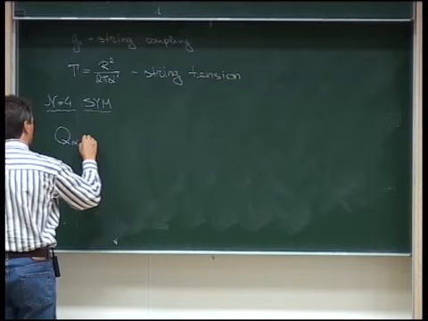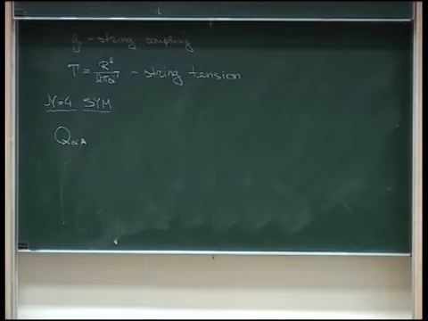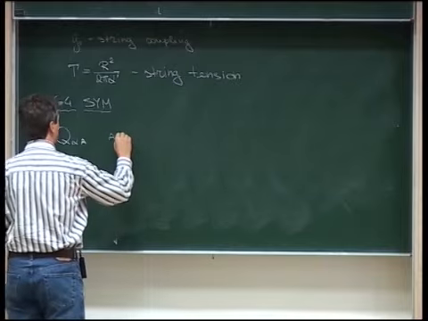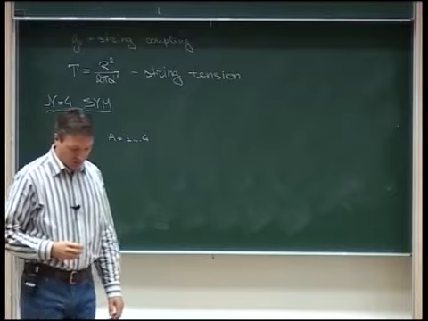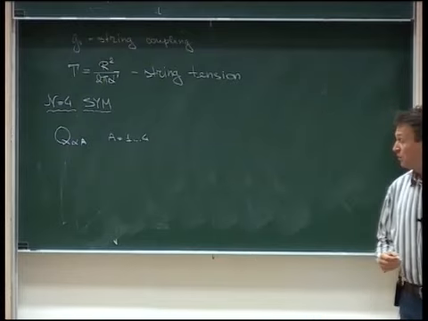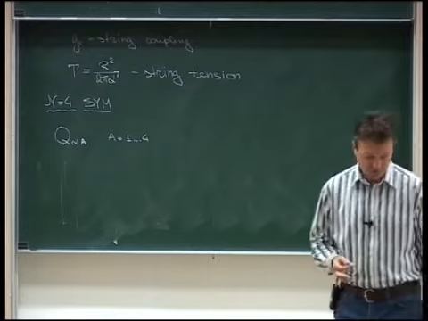In principle, it can have another index, so there can be several supercharges. N equals 4 means that there are exactly 4 of these supercharges, so A runs from 1 to 4. And just from representation theory of the superalgebra, it follows that this is the maximal allowed amount of supersymmetries.